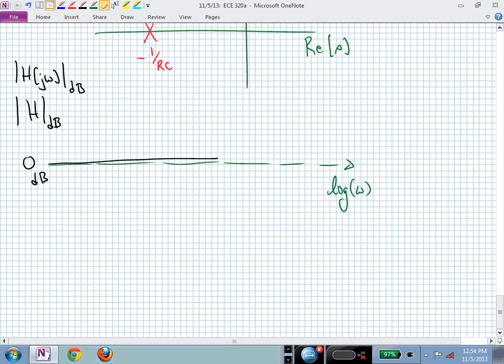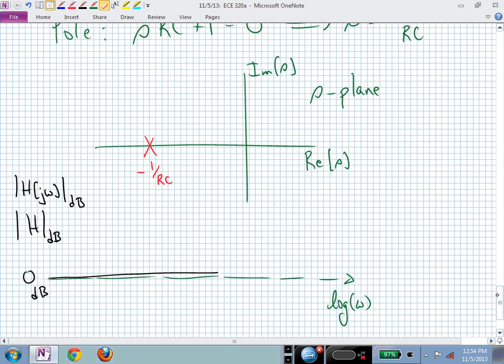Minus 6. Where's 0? We never reach it, do we? But on a Bode plot, you don't hit 0, do you? You don't run into the wall. Is that making sense? So 0 is not here, but small frequencies are on the left, and we know that we're at 0 dB for small frequencies, so now we go to higher frequencies from that point.